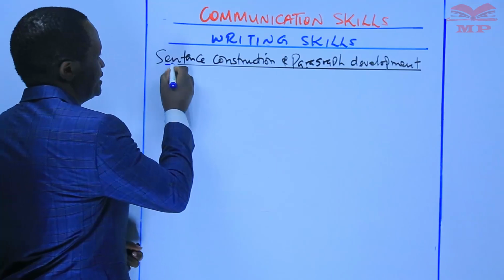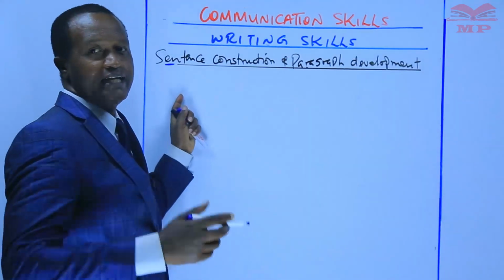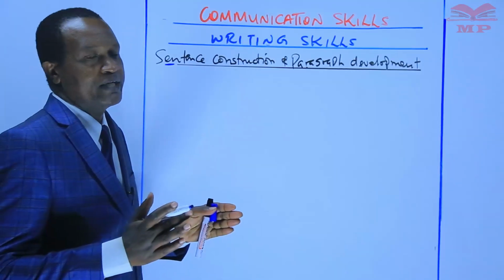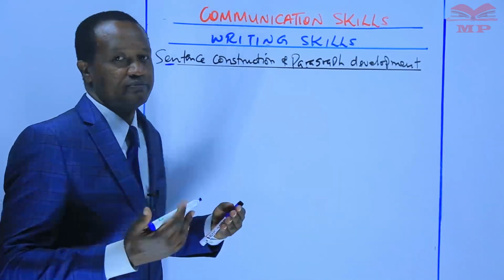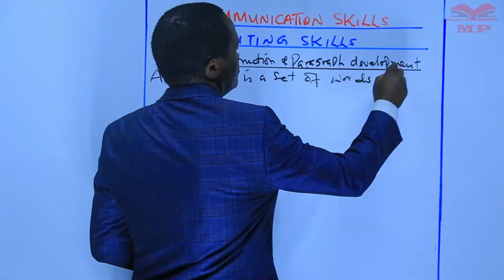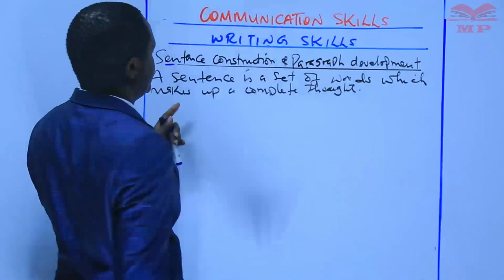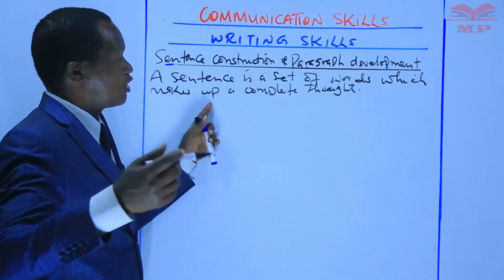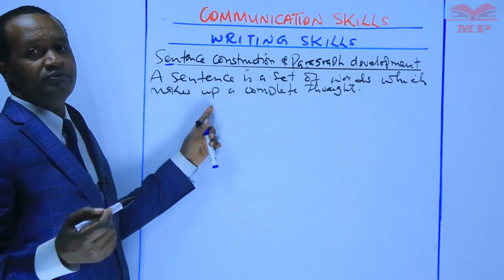What is a sentence? Now, candidates, a sentence is a set of words which makes up a complete thought. A sentence is a set of words which make up a complete thought.